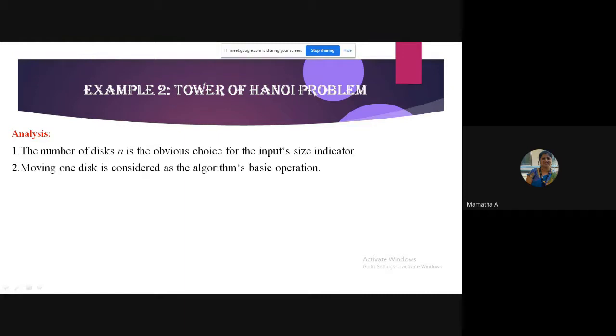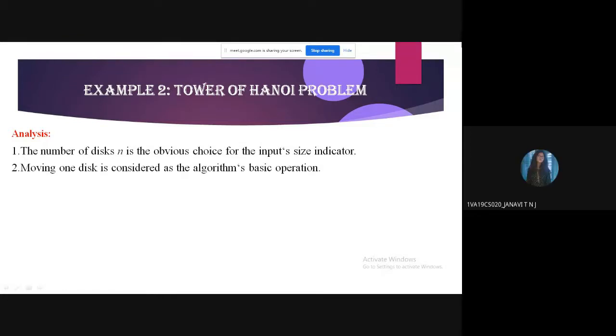If I keep a circular disk, is there any change? Same, it is 7. Or if I keep a triangular disk, will it change or is it 7 only?